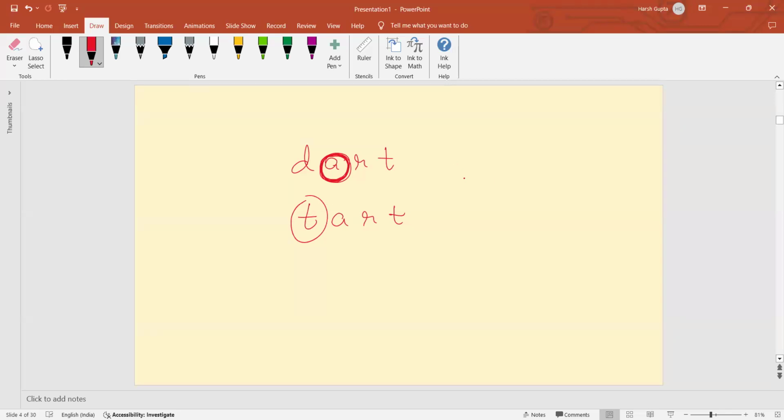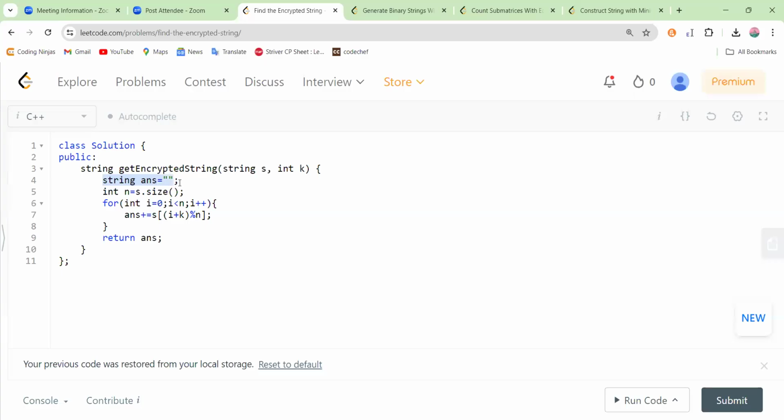So for constructing the answer string, you need to maintain one other string. Because for this A, the answer is D, which is actually the 0th index character in the original string. So you don't want to modify your original string, isn't it? So what we did for that, we constructed another variable answer and took the size of this string in the variable n.